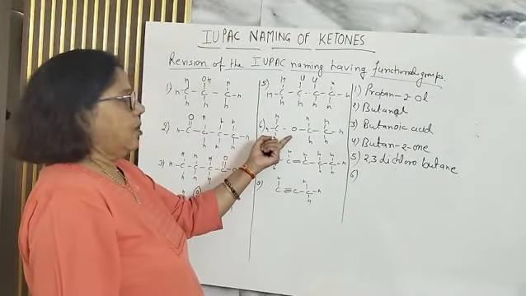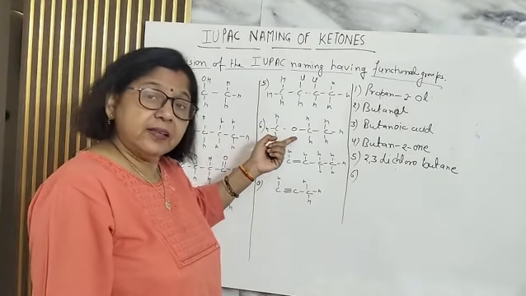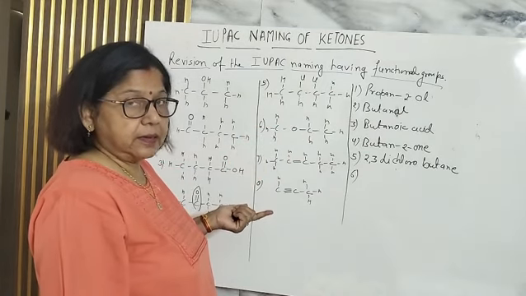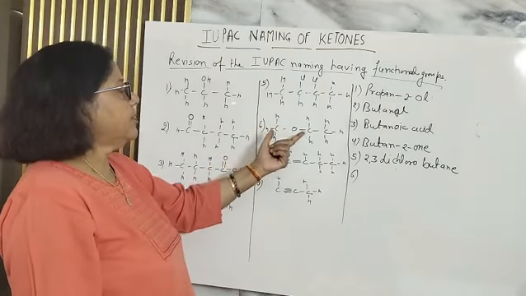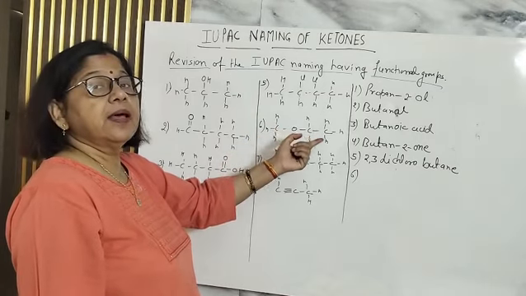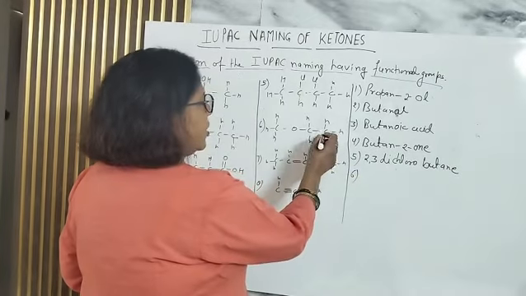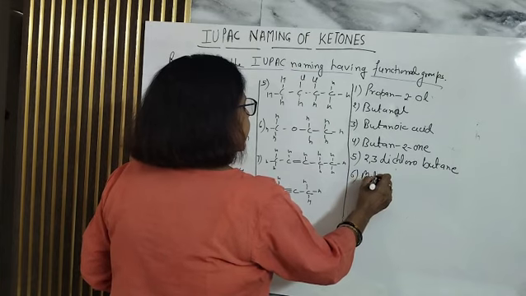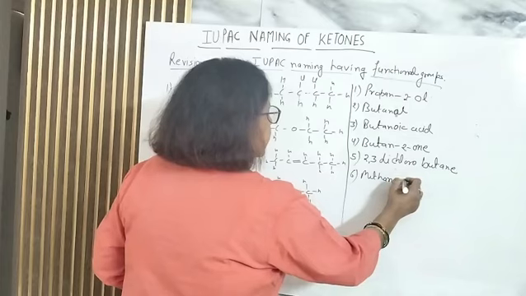Now comes the sixth one. If you remember, the oxygen is sandwiched between the 2 alkyl groups. When oxygen is sandwiched between the 2 alkyl groups, it becomes an ether. Remember? Ether. So in the ether, what did we used to do? We used to write down both sides, as many carbons as there are, and mention them as alkanes. This side 1 carbon, and the other side two carbons. So one carbon will be methane, and the two carbon will be what?